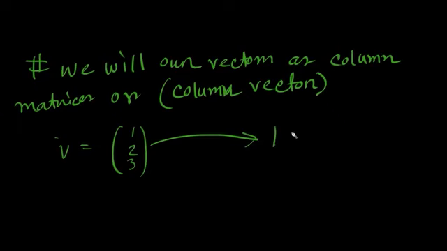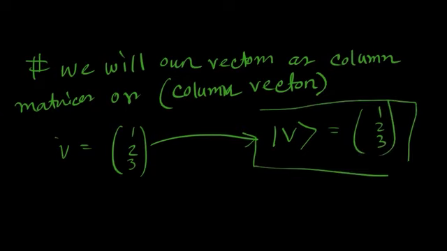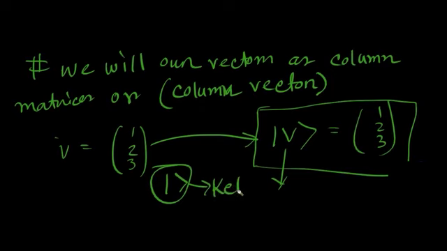Whenever we write a column, we write it like this: you put a long bar on the left side and a greater than sign, and inside is the V, the column vector we have in mind. This is the first time we are using the ket notation; this symbol is called a ket. So you can call this V inside a ket a ket vector.